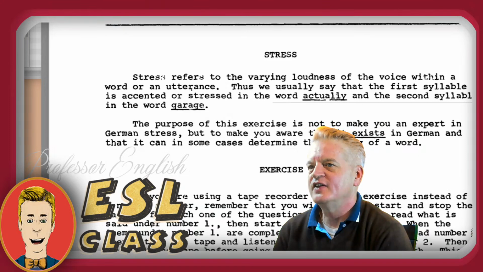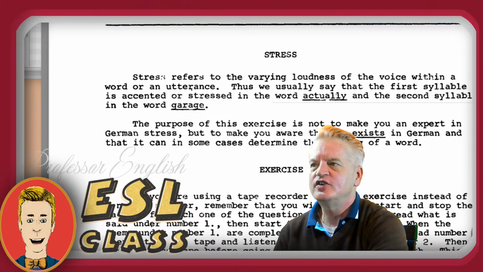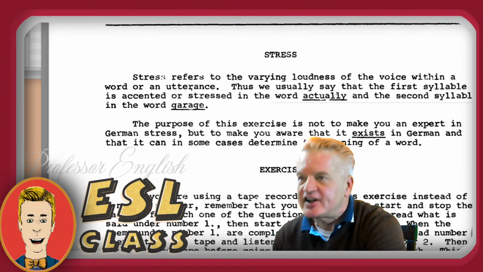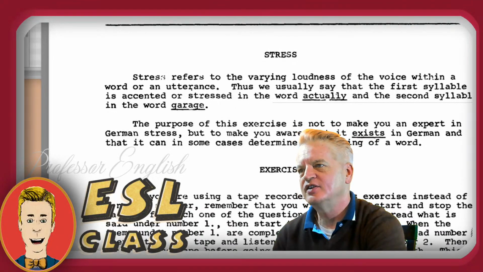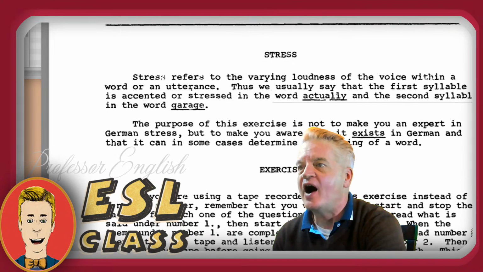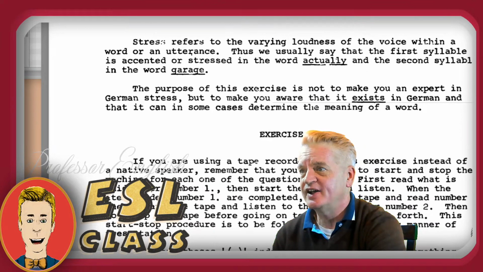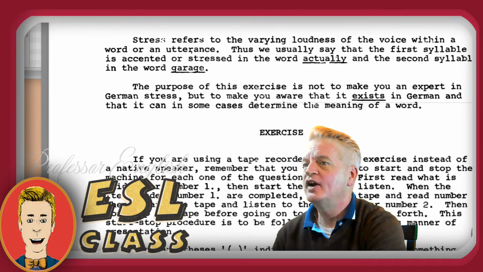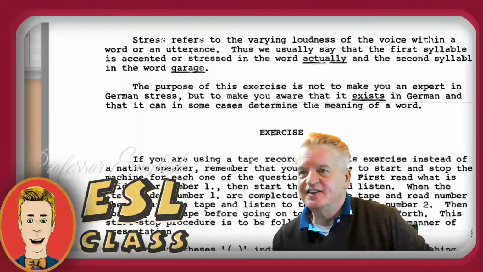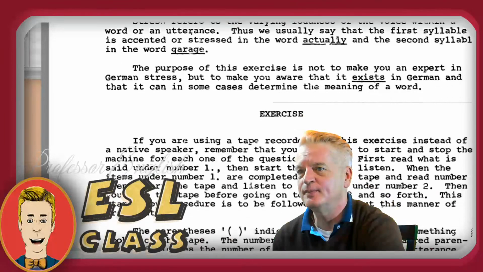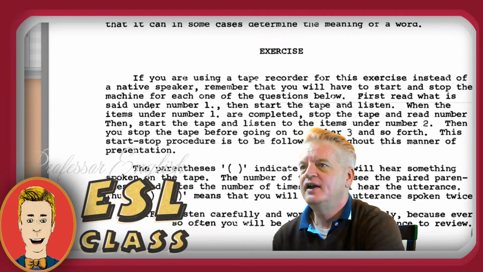Thus, we usually say that the first syllable is accented or stressed in the word actually, and the second syllable in the word garage. The purpose of this exercise is not to make you an expert in German stress, but to make you aware that it exists in German and that in some cases, it can determine the meaning of a word.